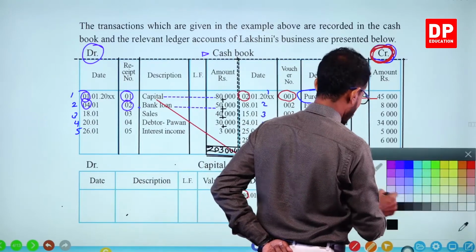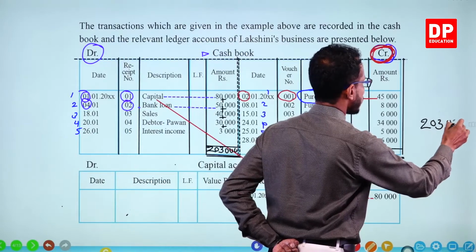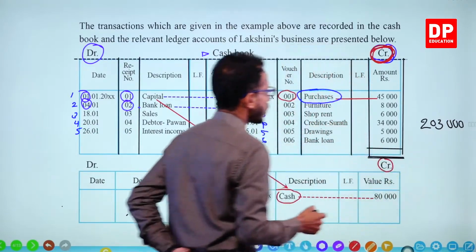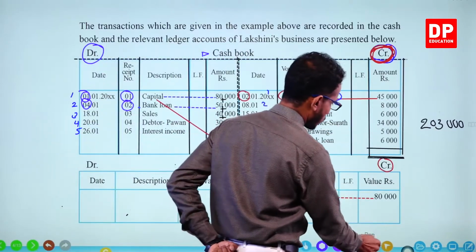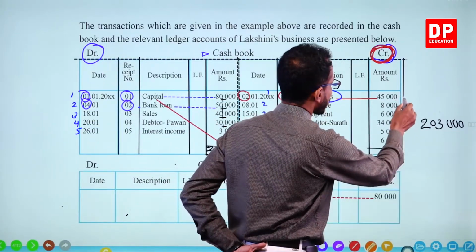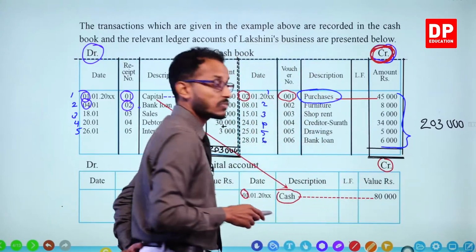We have 203,000 on the debit side. Okay. And we take the total of the credit side. What is the total of the credit side?